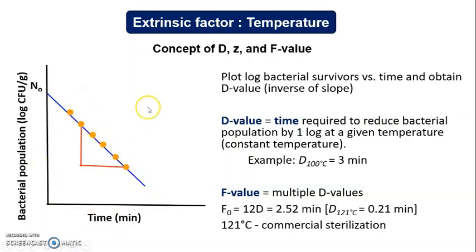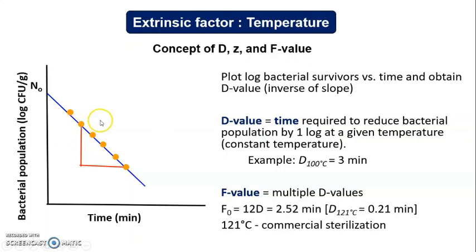When you plot this diagram, what you can obtain is actually the D-value, the inverse slope of this graph. The D-value refers to the time that is required to reduce the bacterial population by 1 log at a given temperature, at a constant temperature, so at a single temperature.